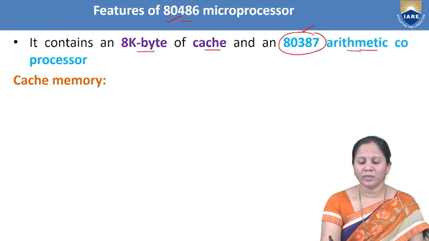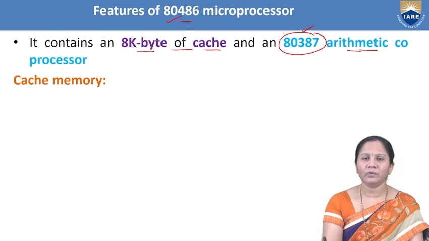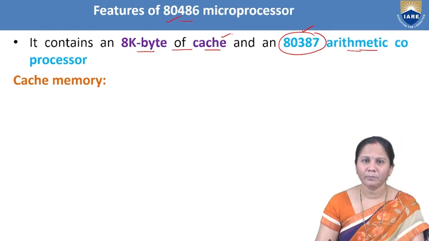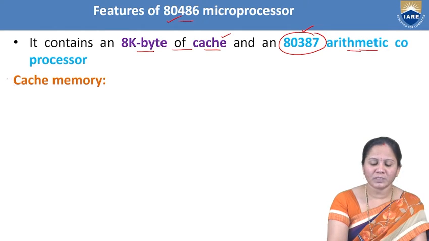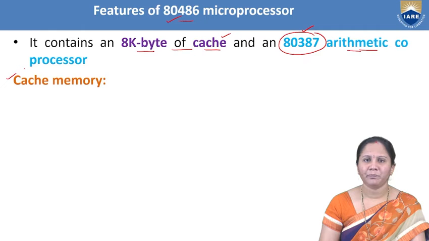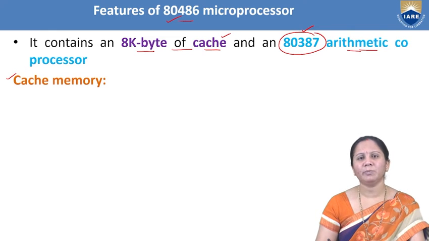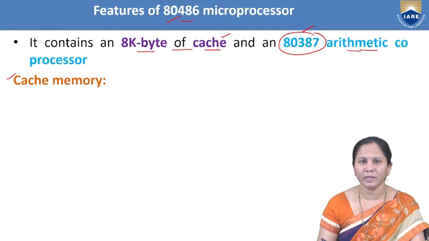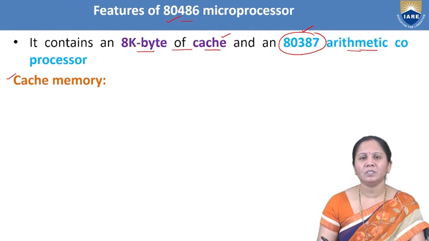As we have seen in the features, this 80486 consists of 8 kilobytes of cache memory, so we should first know what is meant by cache memory. If there are any instructions that we are going to use very frequently, and those instructions are placed in this cache memory, it is very easy to access them whenever required.